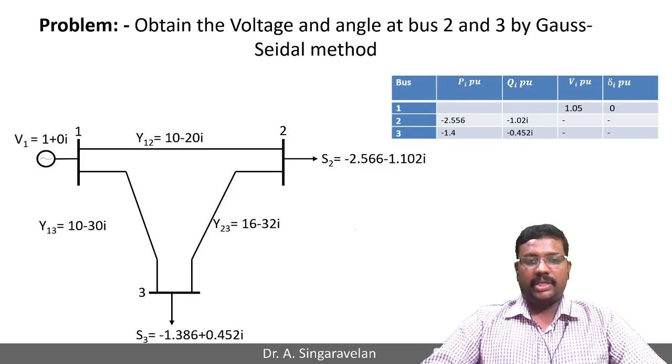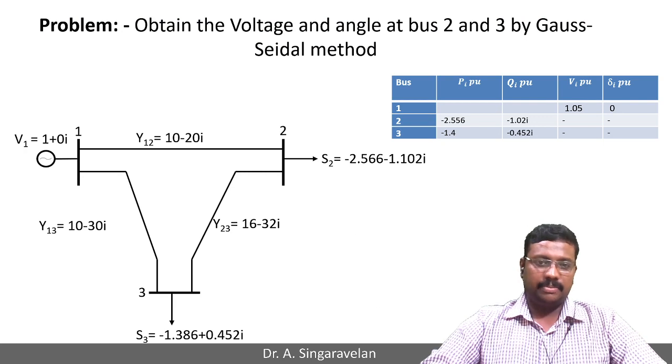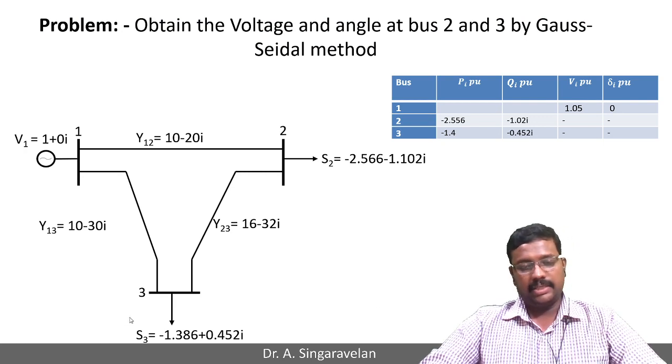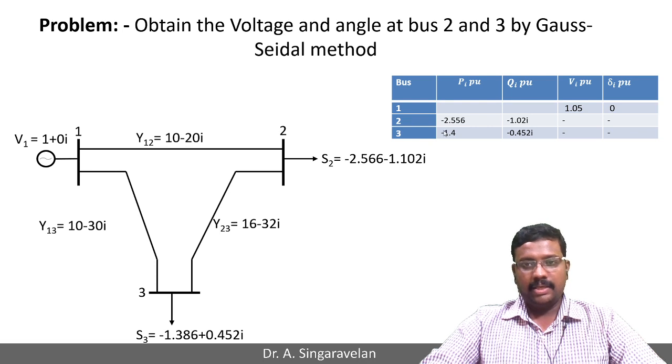Suppose you are given a system like this and asked to find the voltage at bus 2 and bus 3. As I already mentioned, bus 1 will always be the slack bus, and bus 2 and bus 3 are PQ buses, because in the table you can see the values of P and Q given for buses 2 and 3, and for bus 1 the voltage is given.